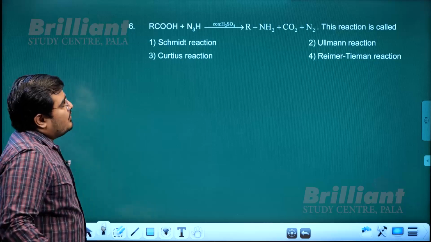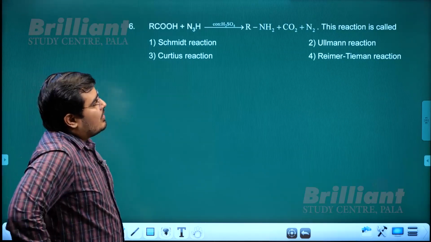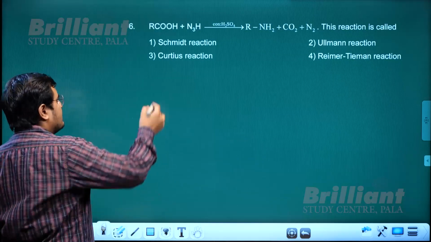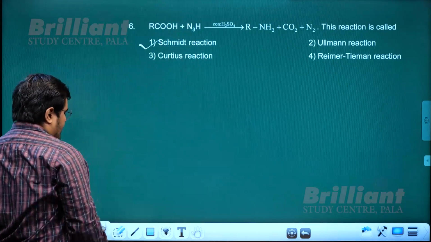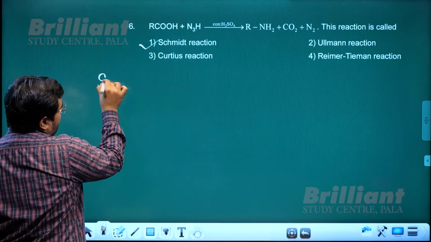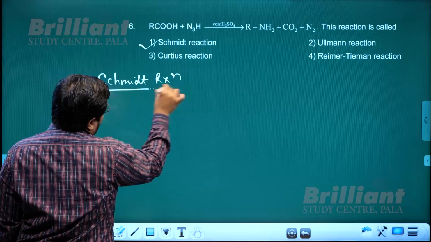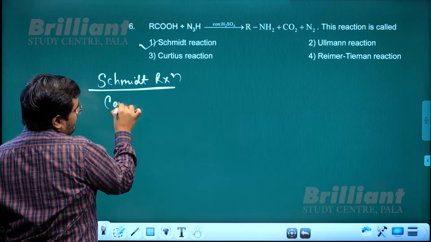Next is RCOOH with N3H leads to RNH2. This reaction is actually the Schmidt reaction. So if I write what is the Schmidt reaction, in the Schmidt reaction you have a carboxylic acid.